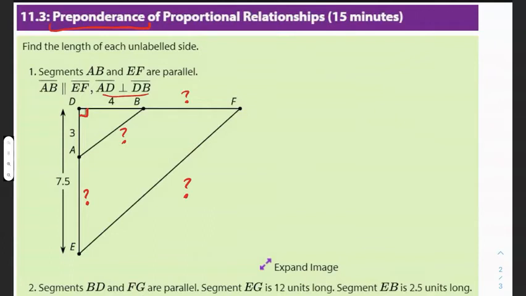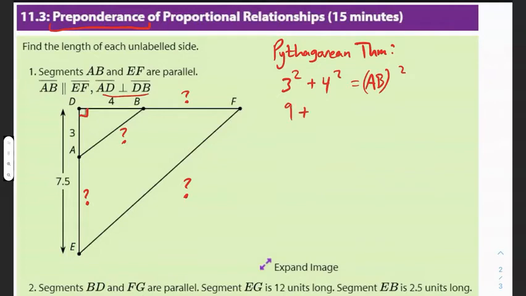I think AB is probably the fastest one, right? Because we're talking about a right triangle. So I'm going to use the Pythagorean theorem. So we got 3 squared plus 4 squared equals AB squared. Okay. 3 times 3, or 3 squared, is 9. 4 squared, or 4 times 4, is 16. All right, AB squared is just going to stay there for now.